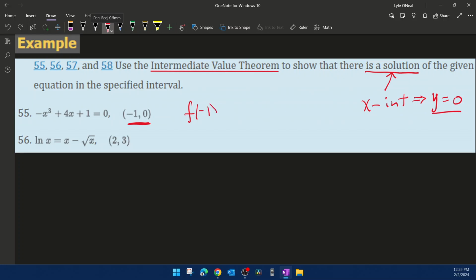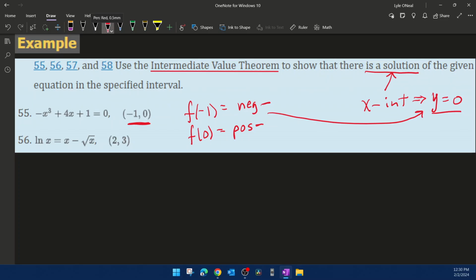If f of -1 works out to be negative, and f of 0 works out to be positive, would it make sense that the only way that you can go from below the x-axis to above the x-axis is to cross the x-axis? That should make sense to you. And where it crosses the x-axis will be where y is 0.